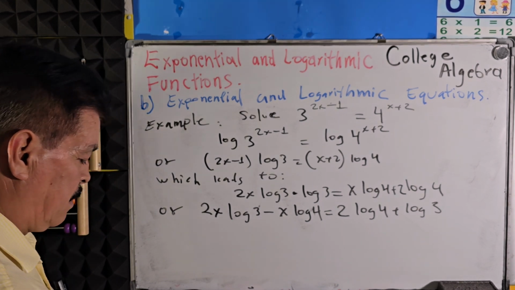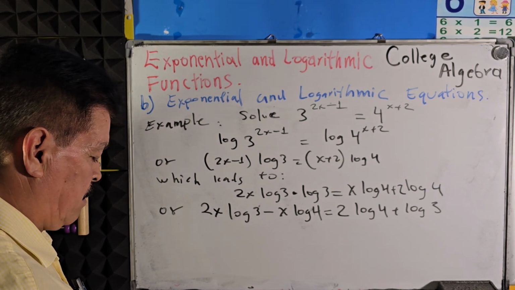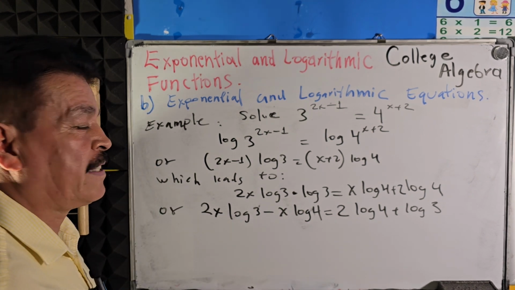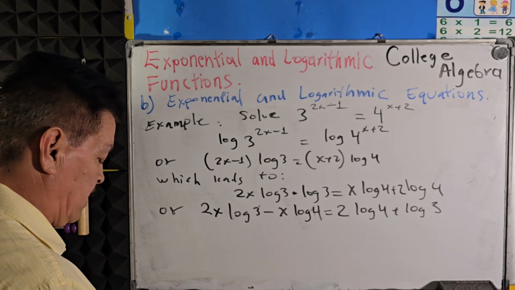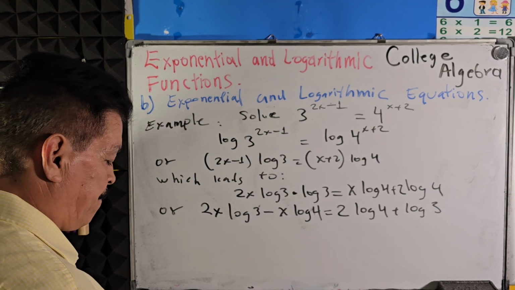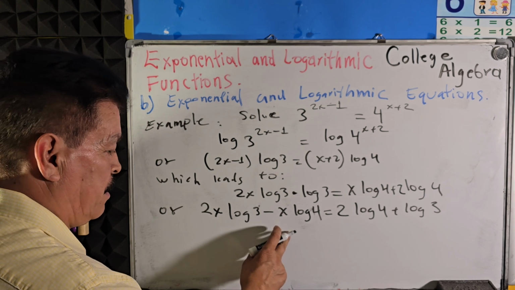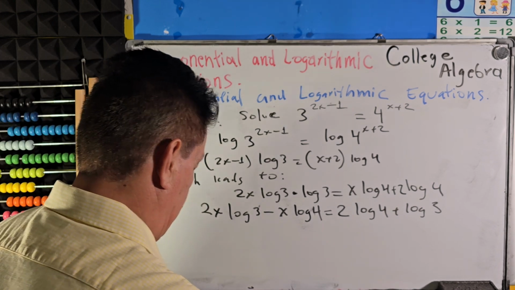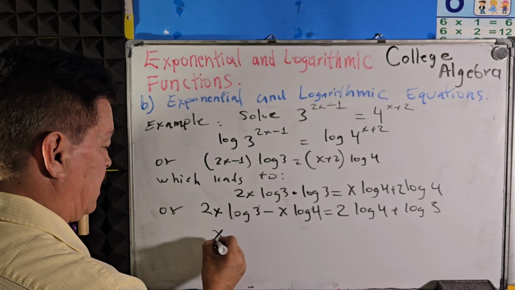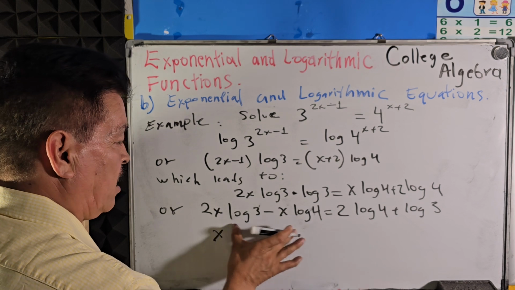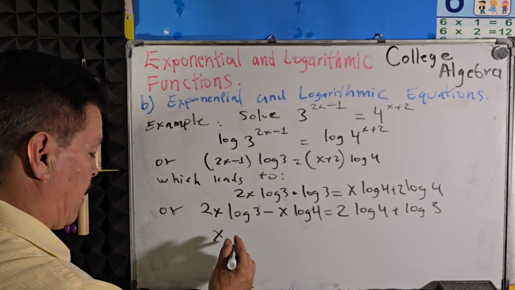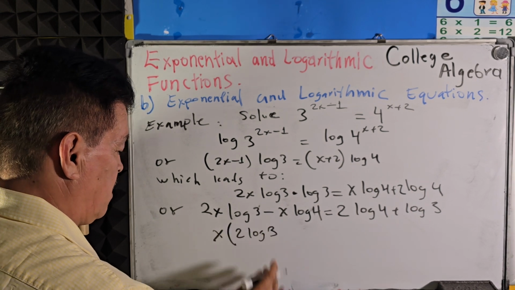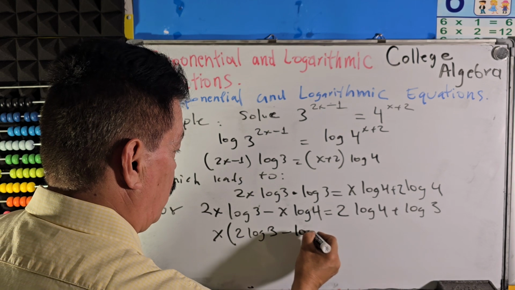So here, what is the common factor? The common factor here is x. So since the common factor is x, on the left member, we are able to write x times 2 log 3 minus log 4.